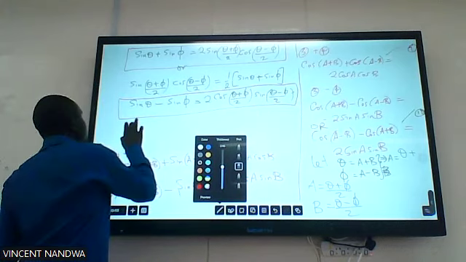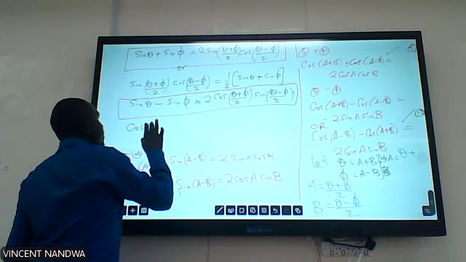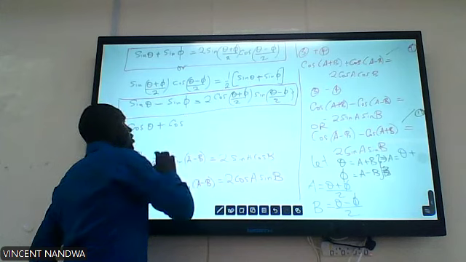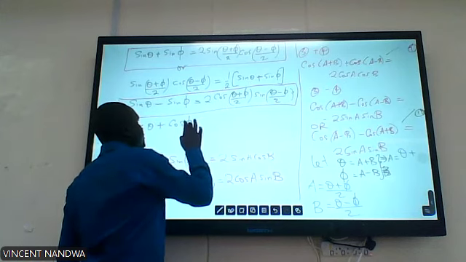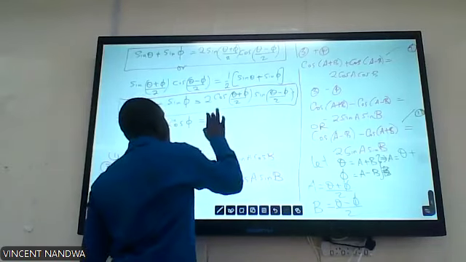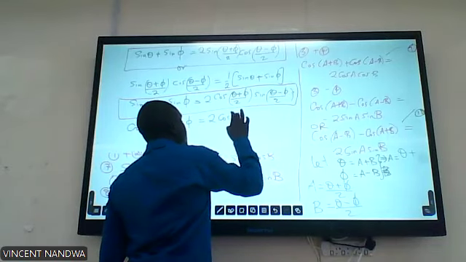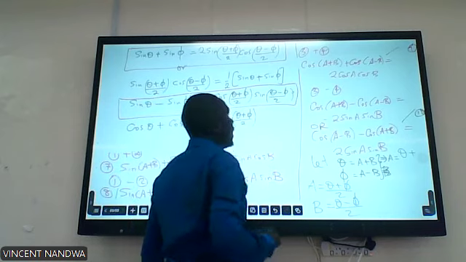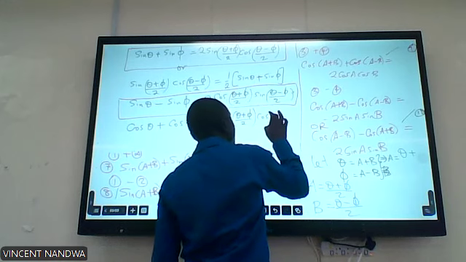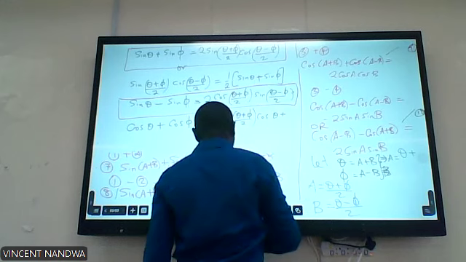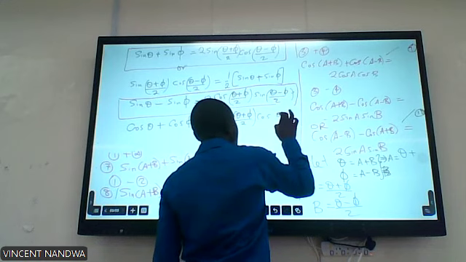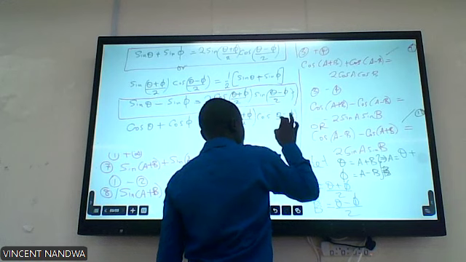We'll have cos theta plus cos phi equals twice cos of theta plus phi divided by 2, and then cos of theta minus phi divided by 2.